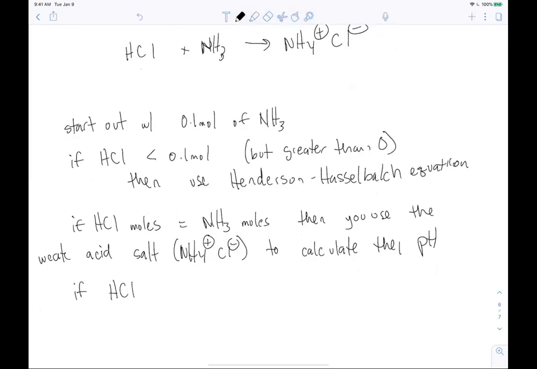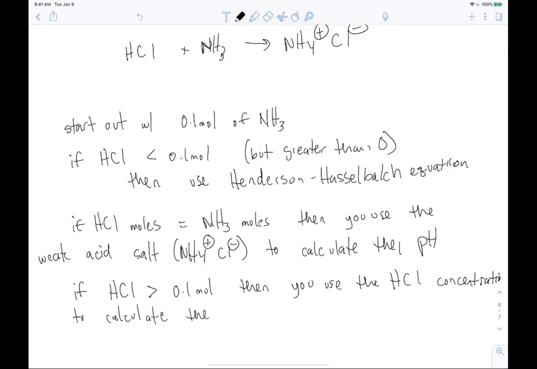And then the other scenario that you can have is HCl is greater than 0.1 moles. Then you use the HCl concentration to calculate the pH. So there's really only 3 places you can be.